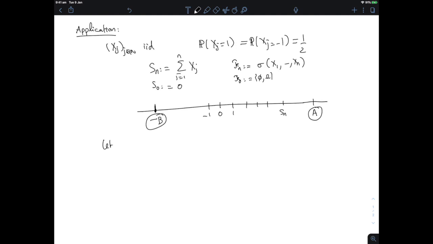So first of all, let's make things precise. I have A and B, two non-zero natural numbers, and I'm going to define a stopping time, tau, in the following way.